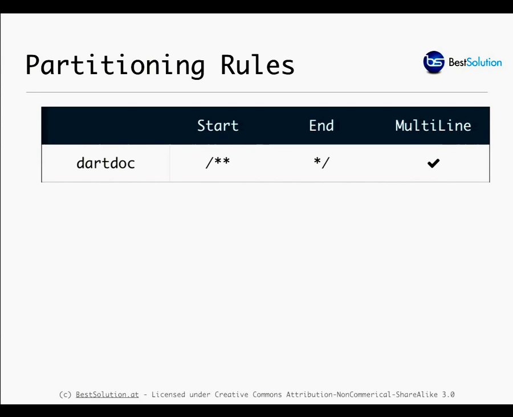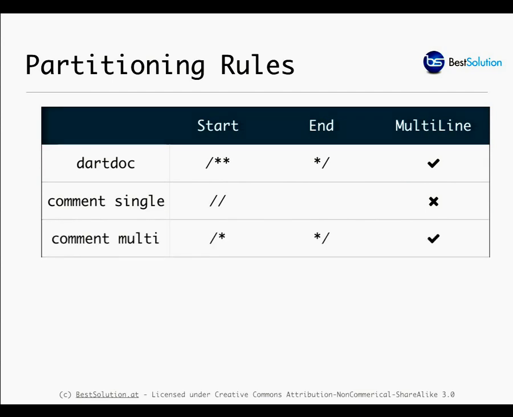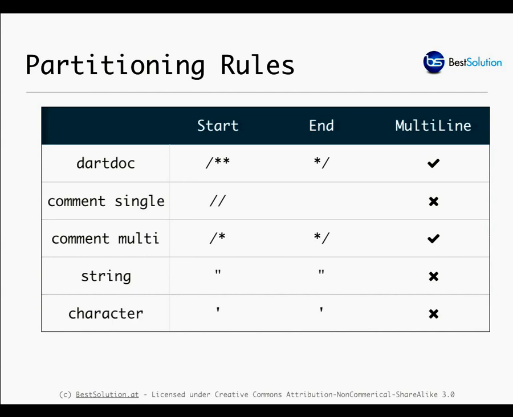For example, a Dart doc: slash asterisk asterisk, it's multi-line and ends with asterisk slash. A single-line comment starts with slash slash until the end of the line. Multi-line comment: slash asterisk. String, and a character. These are the rules that we make up to create the partitions in our document.